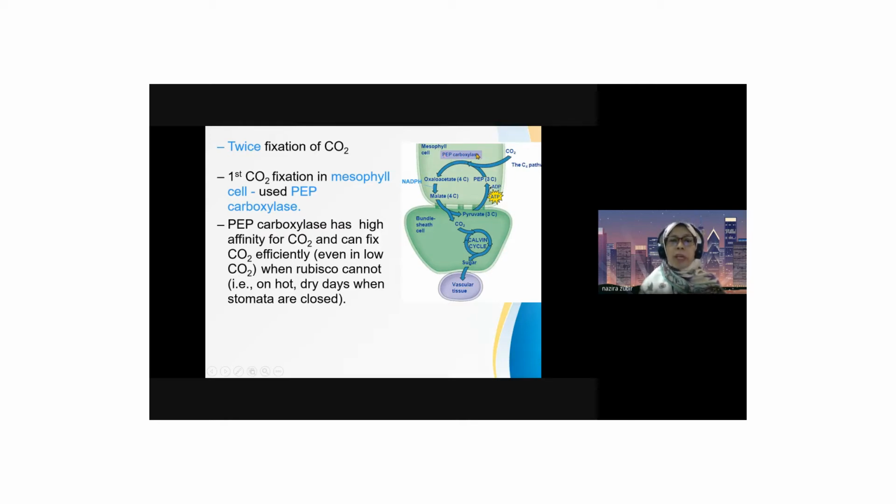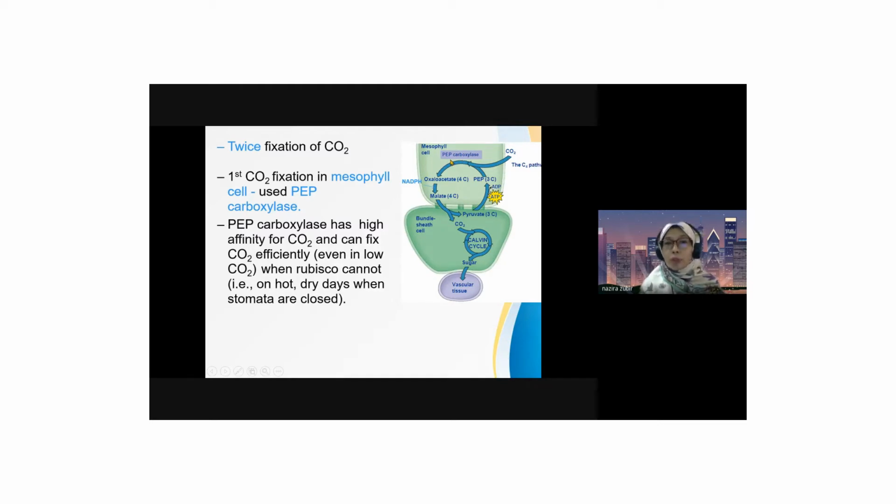PEP carboxylase has a high affinity for carbon dioxide, even when the carbon dioxide level is very low during hot and dry weather. This is one of the ways the C4 pathway as well as the CAM pathway minimize photorespiration, because this enzyme can still fix the CO2.